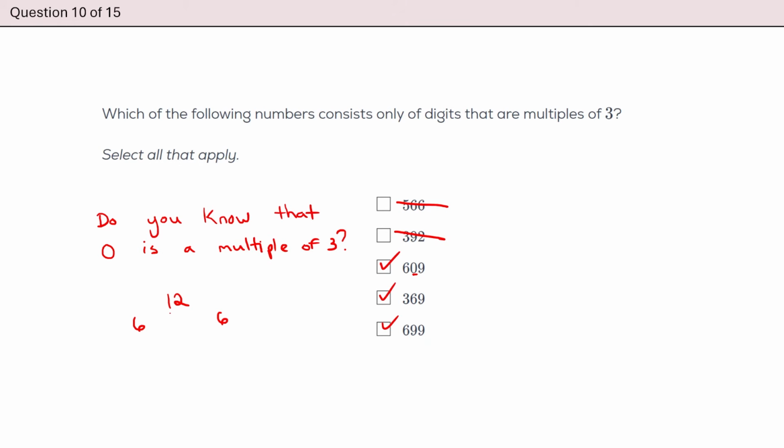Can you divide 12 into 12 groups? Sure, 1, 1, 1, and so on. So it's a multiple of 12, because we can divide it into 12 groups. Can you divide it into one group? Yeah, 12. So that's why it's a multiple of 1.